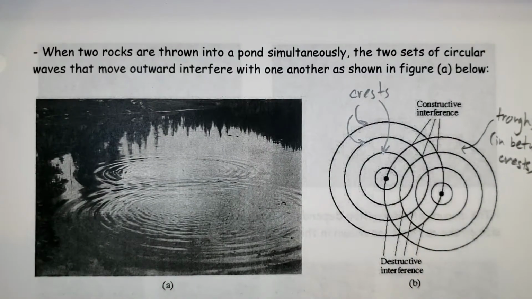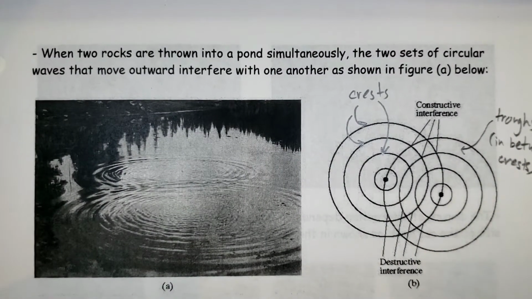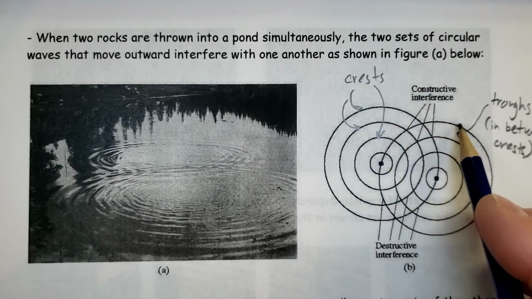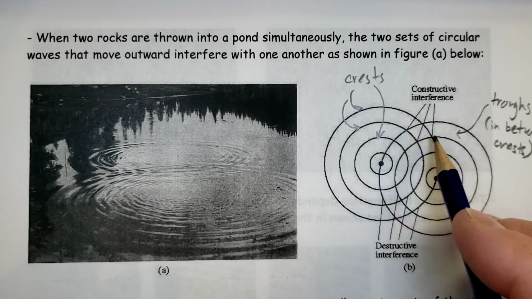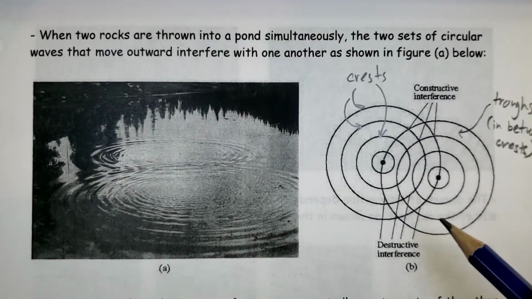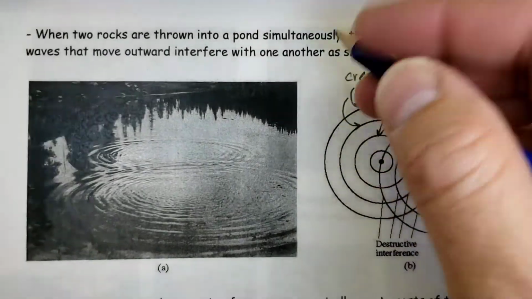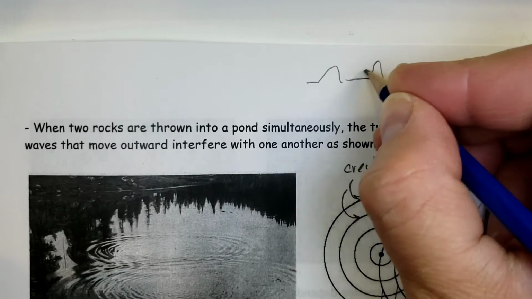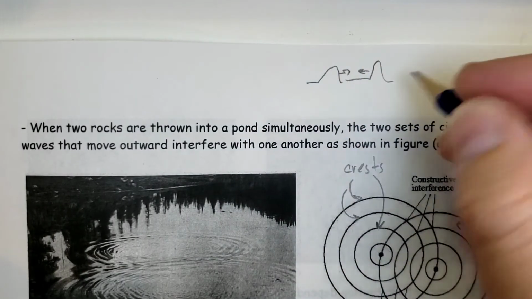Okay, so what we'll see is that we have constructive interference where a crest of one wave meets a crest of another wave. Remember, crest meeting crest, we'll have constructive interference.